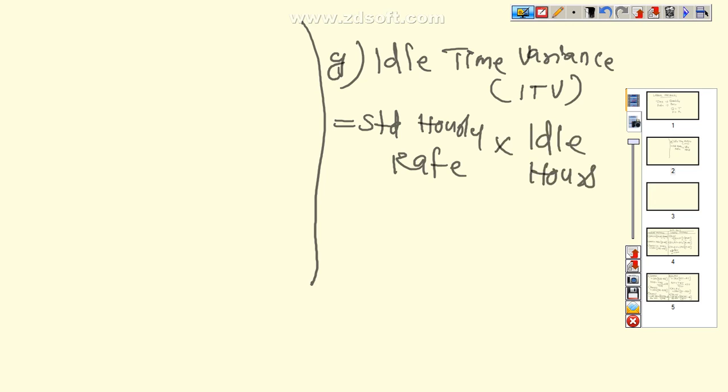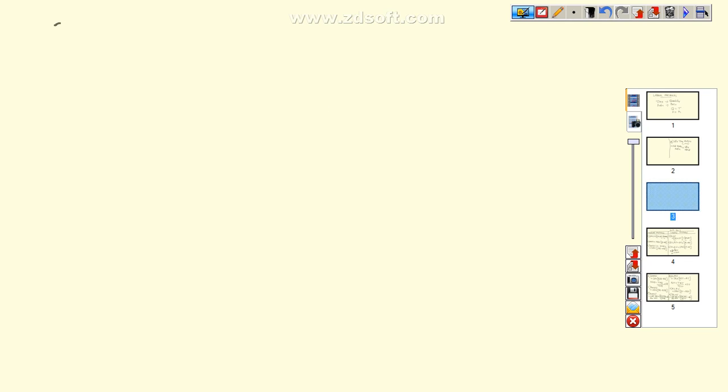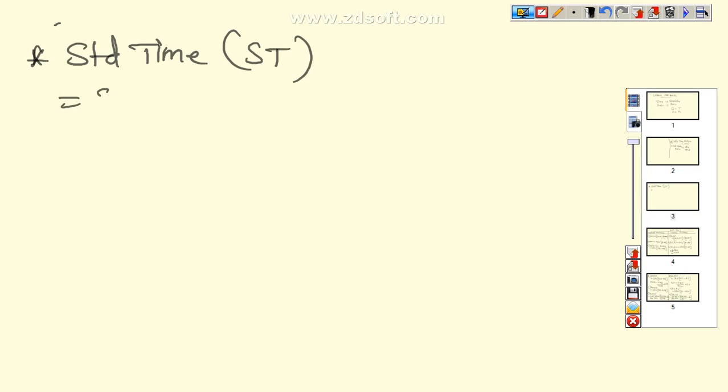Sometimes standard time may not be given. Standard time, which we denote with ST, is equal to standard hours multiplied by standard number of workers.